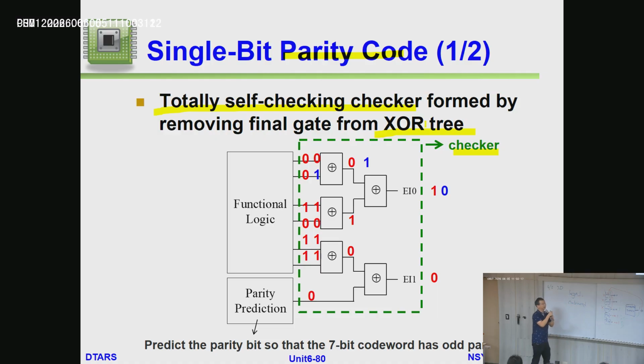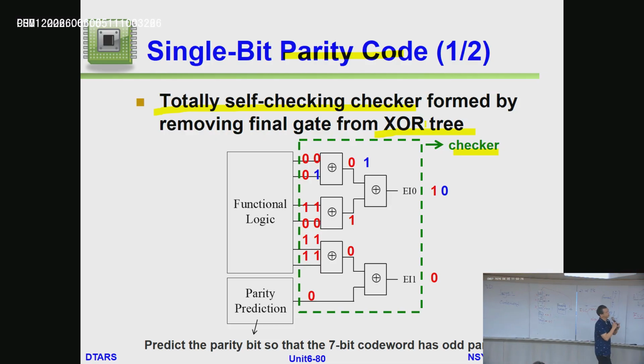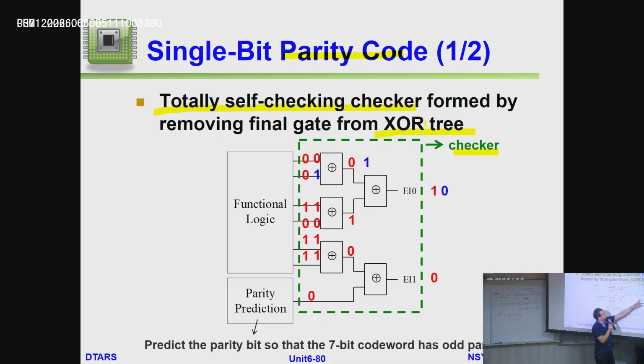It means that if we have the correct behavior for the checker, the output should have some format. So for example, its output may be only 1 0, or because of some errors become 0 0.